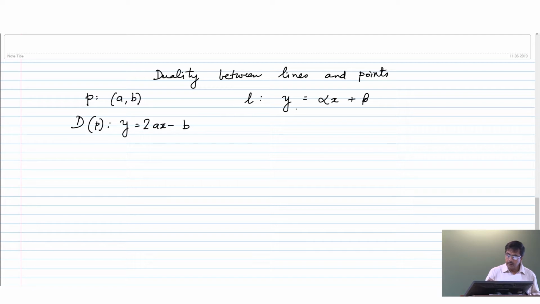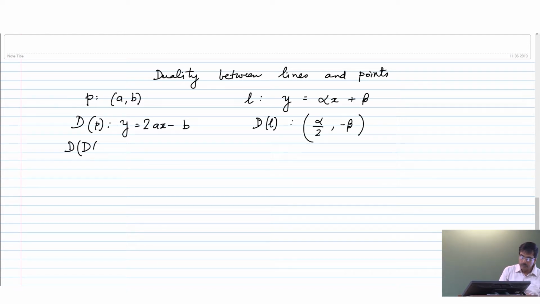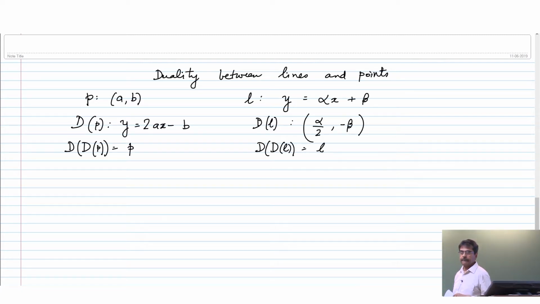And this line L will be transformed to, let us say D of L, the point (α/2, −β). And you can quickly check that D of D of P is P and D of D of L is L. So it's self-inverse.